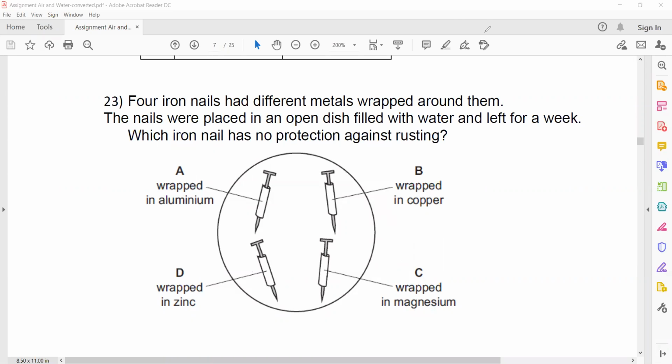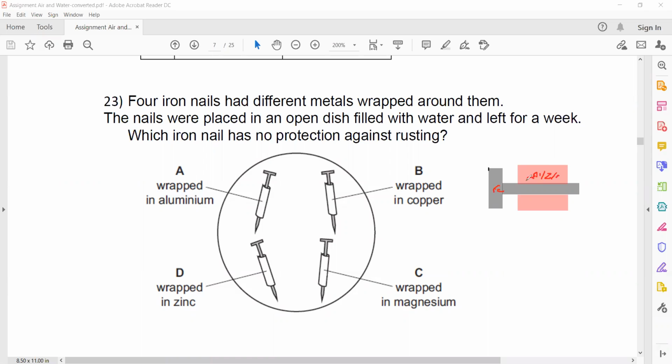This is called sacrificial protection. For example, take a piece of iron or an iron nail. For rusting to occur, iron should lose electrons. But what happens if this iron surface is wrapped with more reactive metals such as magnesium, aluminum, zinc? What is the tendency of these metals?